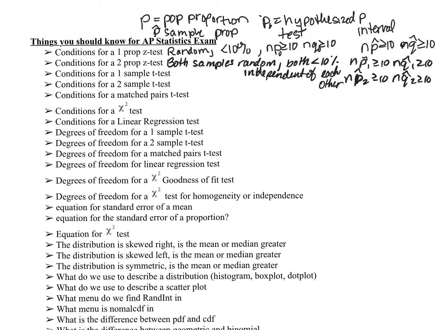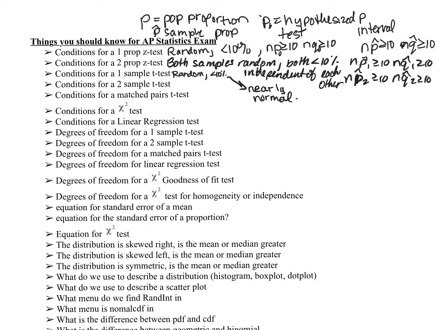How are those different from a one-sample t-test, Caitlin? Right, so we still check randomness, we still check less than 10%, but we check nearly normal.